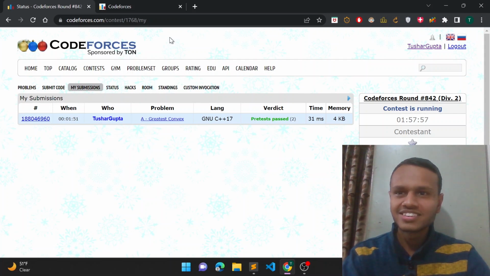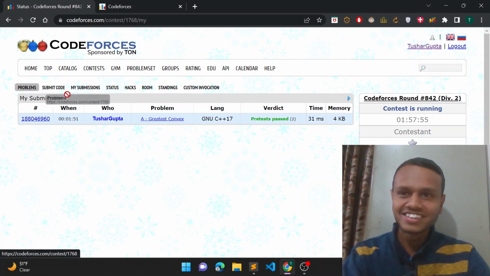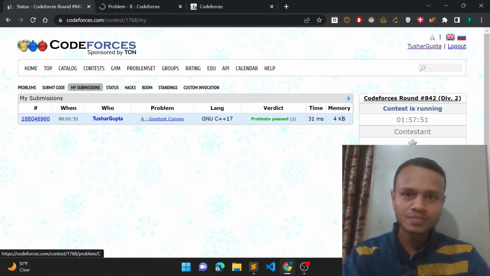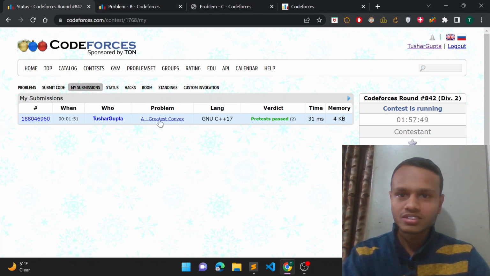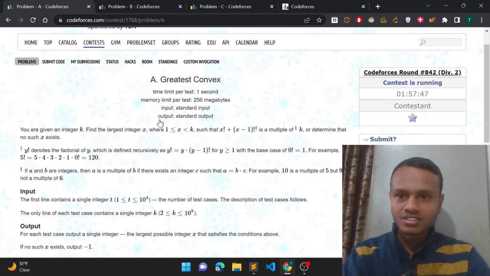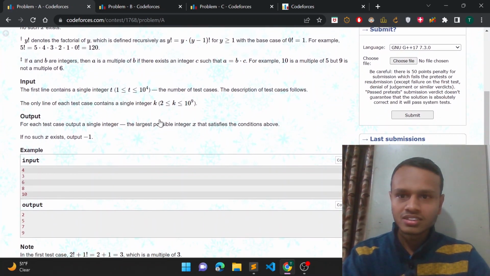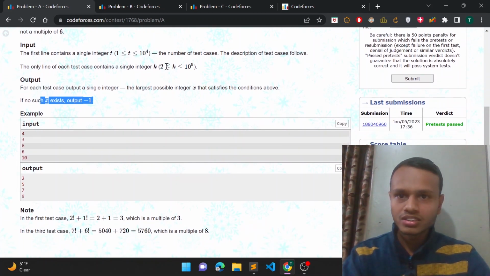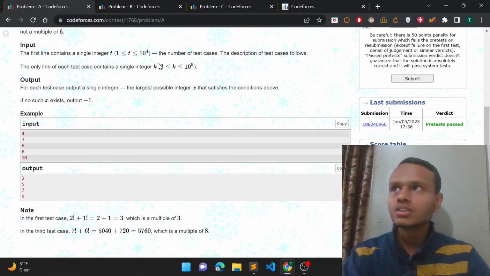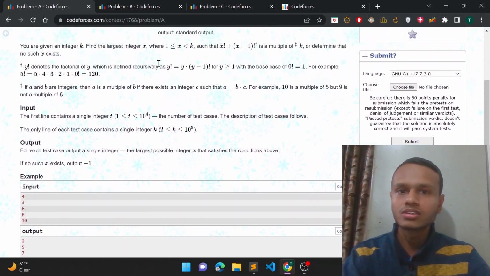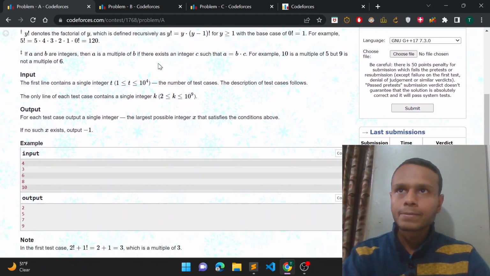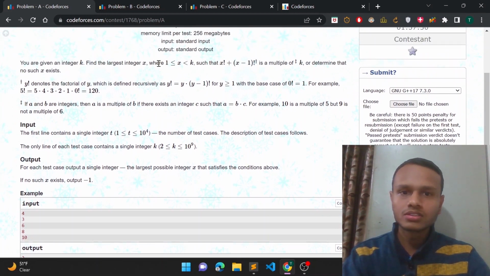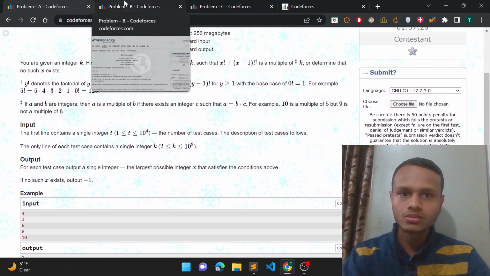Really? Just n minus 1 was the answer? Or am I missing something? Because they are also saying to print out minus 1, but k starts from 2. So for 2, minus 1, 1 factorial plus 0 factorial is 2, which is divisible by 2.